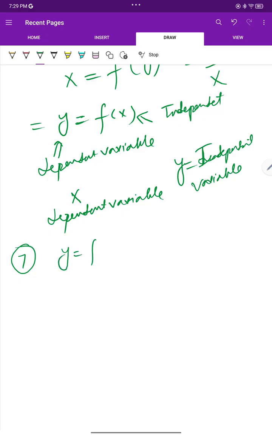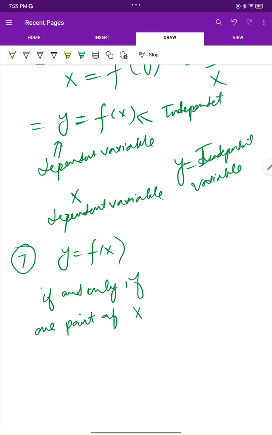Let's say y is equal to f of x. y is a function of x if and only if exactly one point of x makes exactly one change in y.